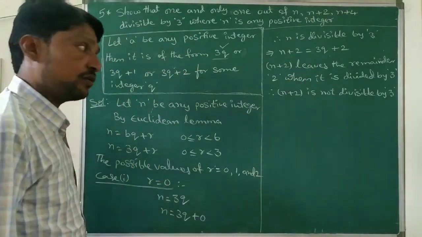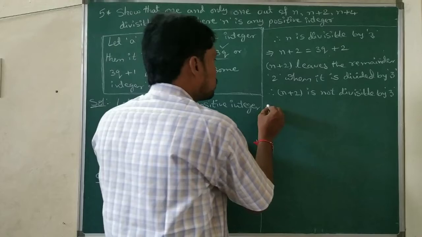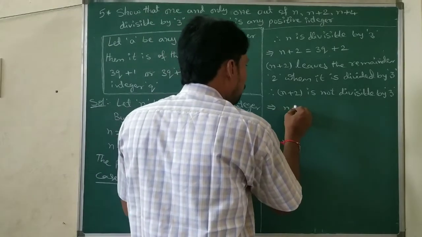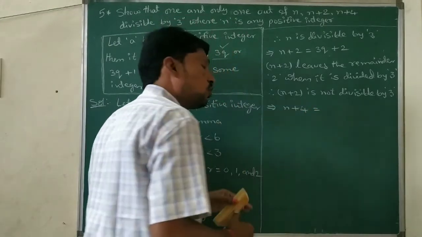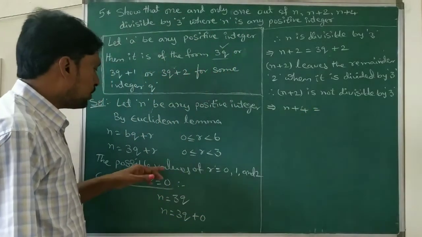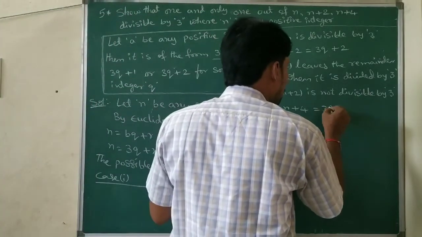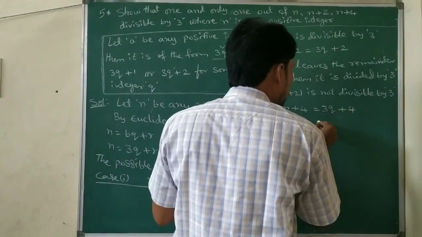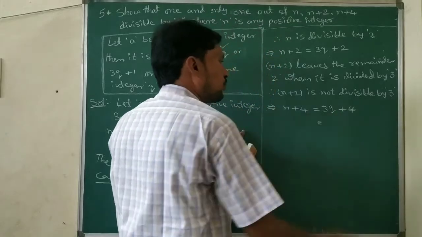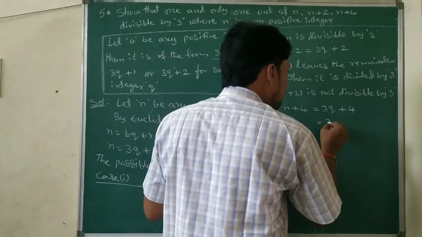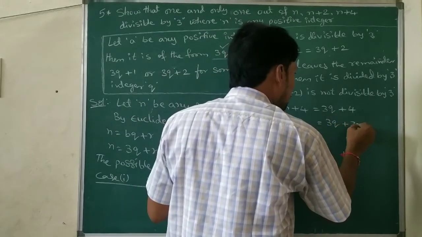Next we need to take n plus 4. What n value did we take first? We took 3q. So n plus 4 equals 3q plus 4. I am writing this 4 as 3 plus 1, so 3q plus 3 plus 1.